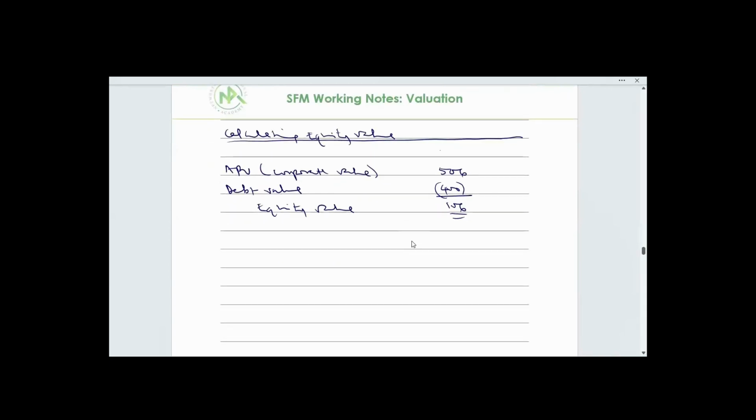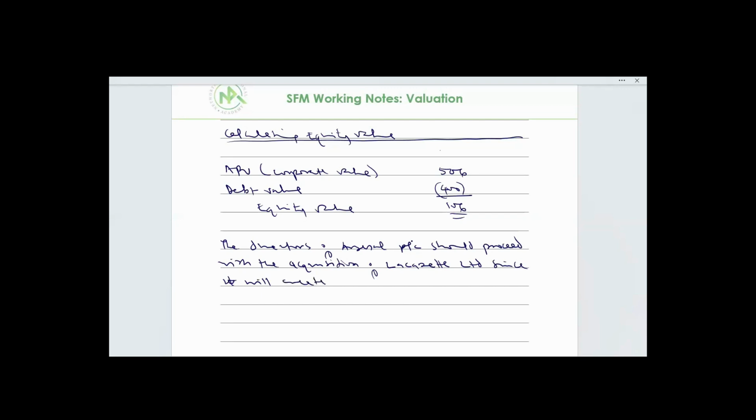Therefore, the examiner is asking us to advise the director of Arsenal PLC whether to proceed with the acquisition. I would then say the director of Arsenal PLC should proceed with the acquisition of Lakaseti Limited, since it will create additional equity value of 106 million naira.